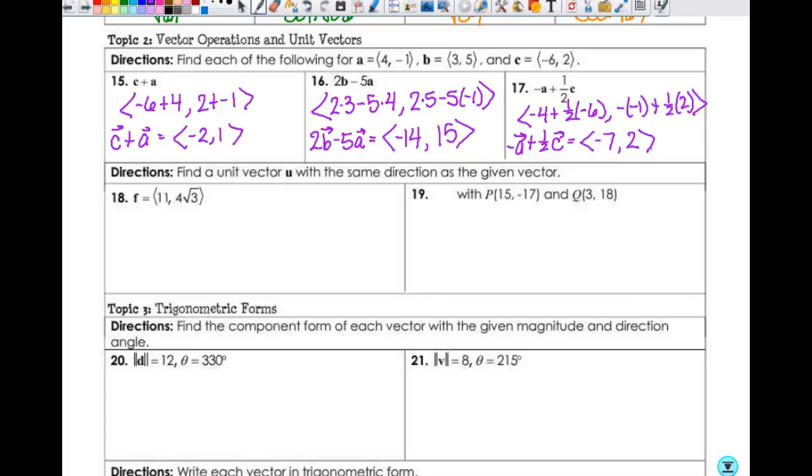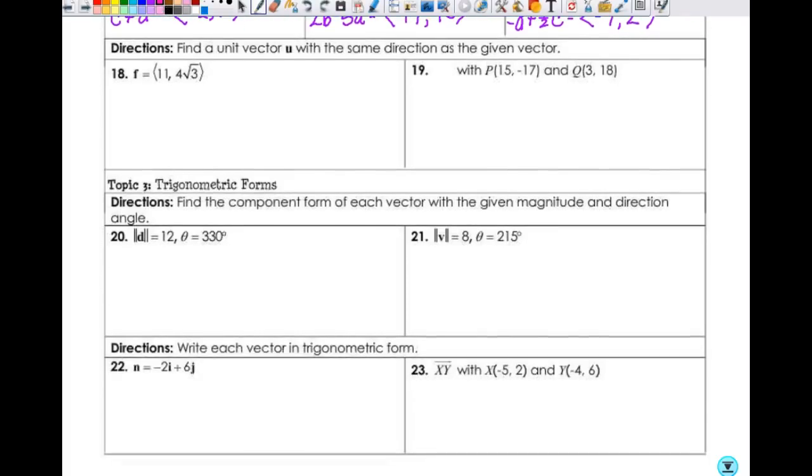All right, so now we are looking for the unit vector. Unit vector with the same direction. In order to find that, I first have to find the magnitude. Okay, so I find the magnitude of vector f, is equal to the square root of 11 squared plus 4 square root of 3 squared.